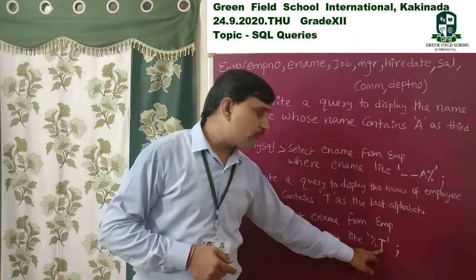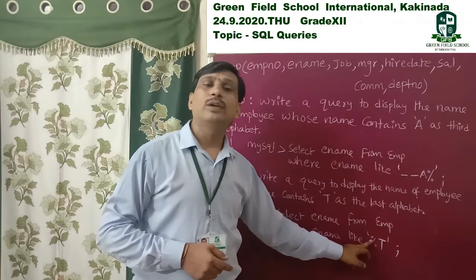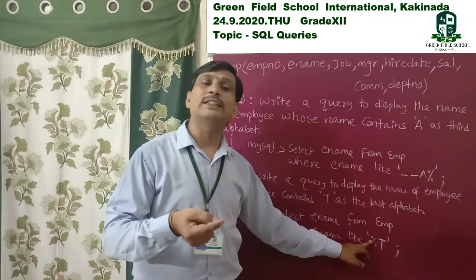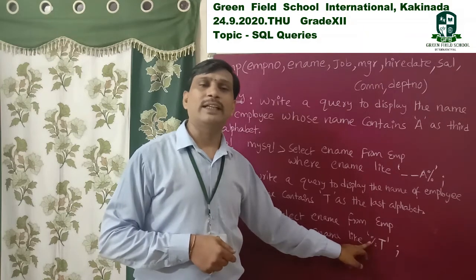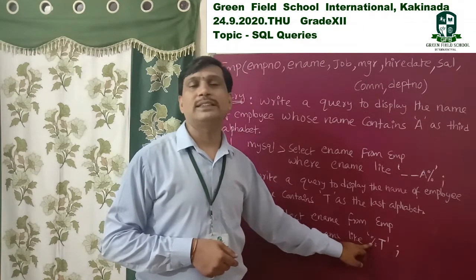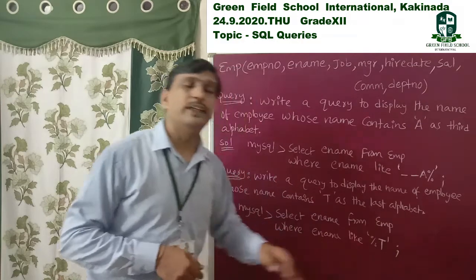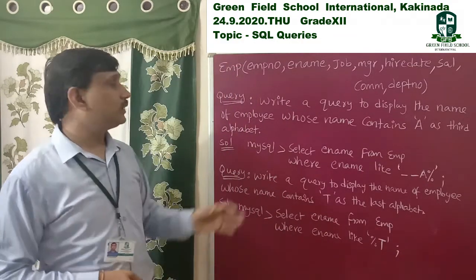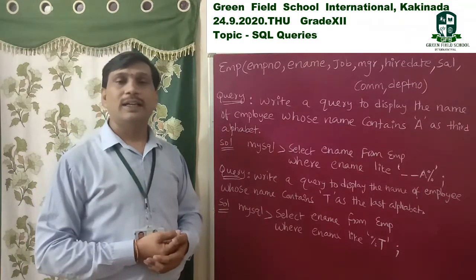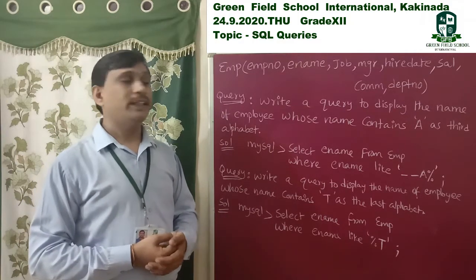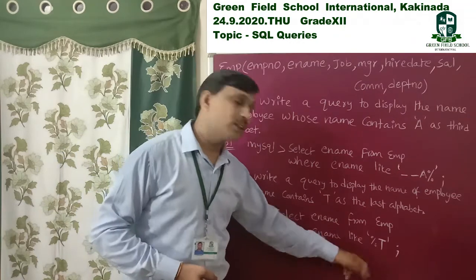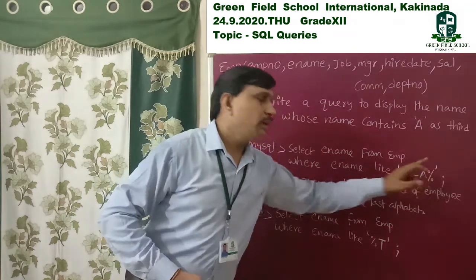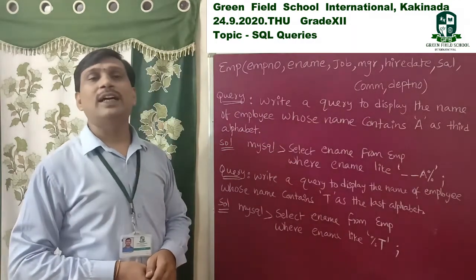The last character must be T. Before that, zero characters or n number of characters are replaced with the percentage symbol. Then after that we end the query with a semicolon. So this is the concept of these queries. Here, using the LIKE operator, this one is the pattern. We use underscore and percentage symbols, the wildcard characters.